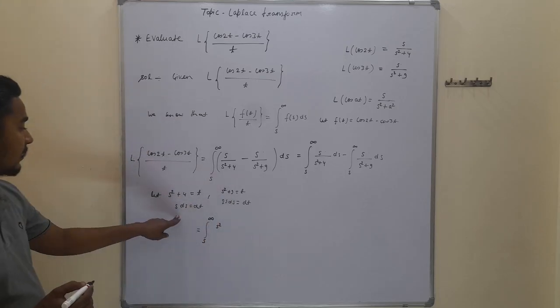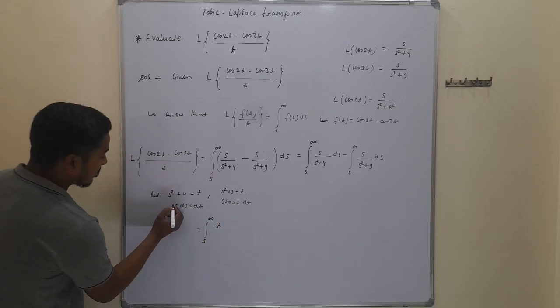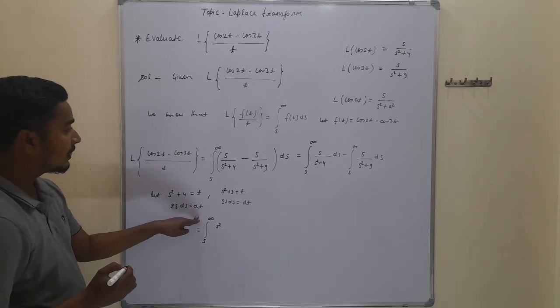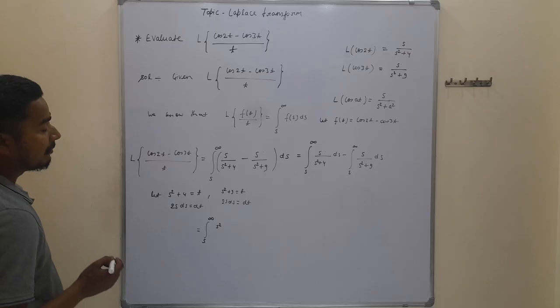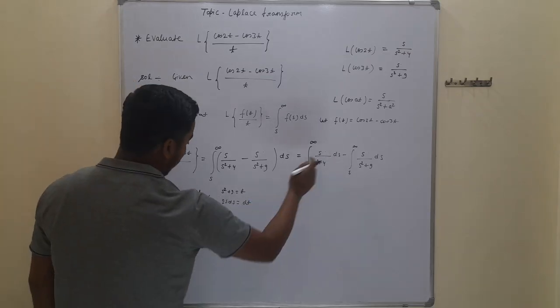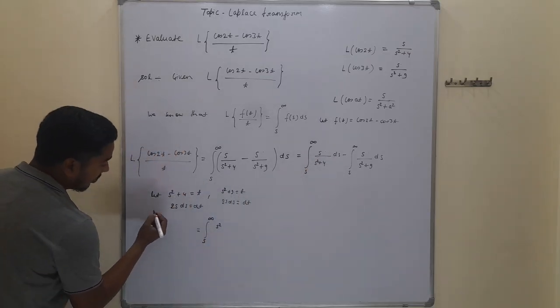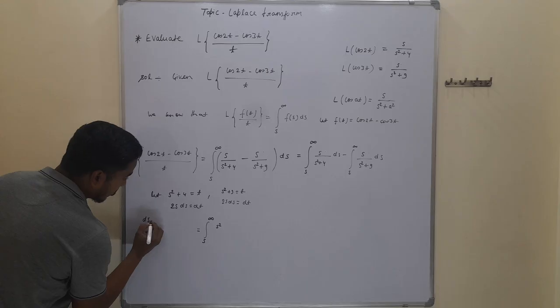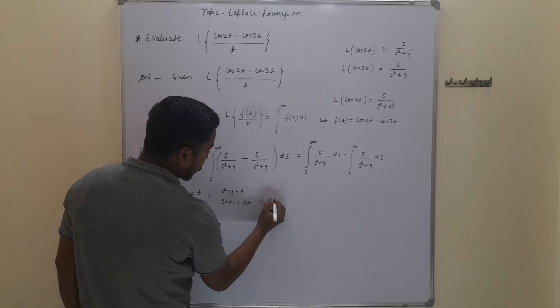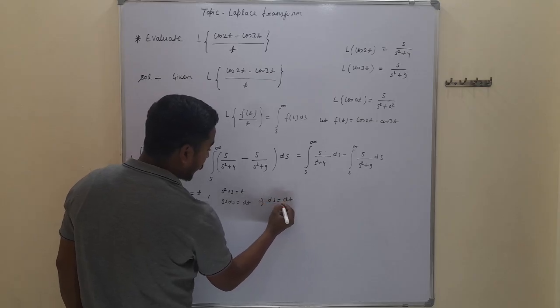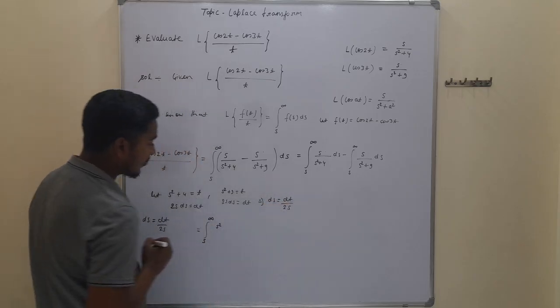Then we get 2s ds is equal to dt, and here also 2s ds is equal to dt, and we have to replace ds. The value of ds is dt upon 2s, and from here also ds is equal to dt upon 2s.